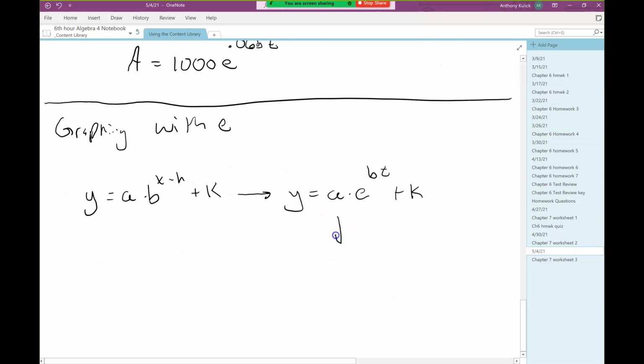If we take something in this form, the exponential base is always the same. It's always e. So the way that we determine growth and decay is going to be a little bit different.